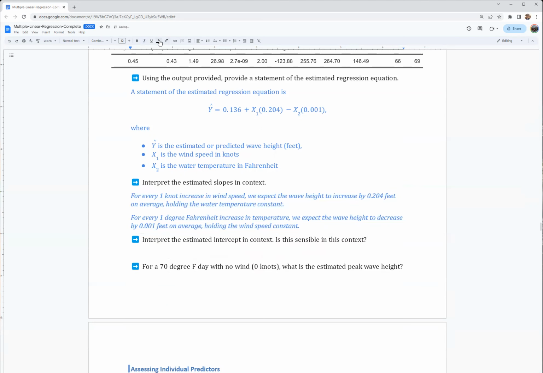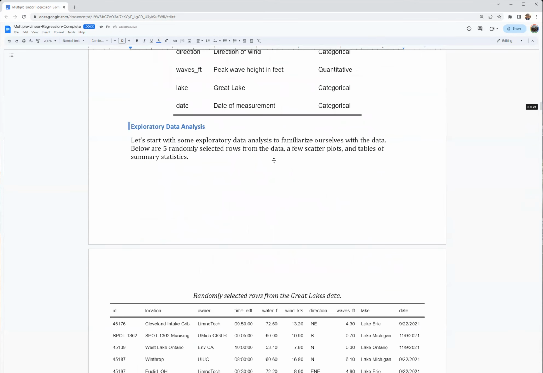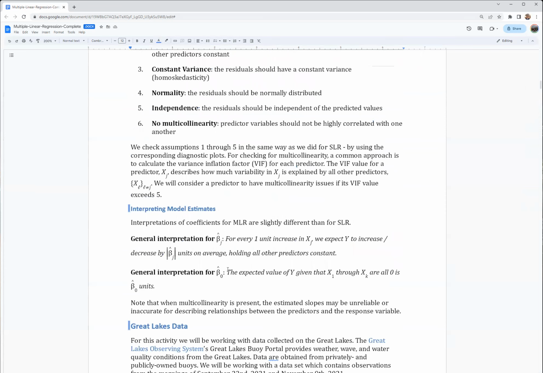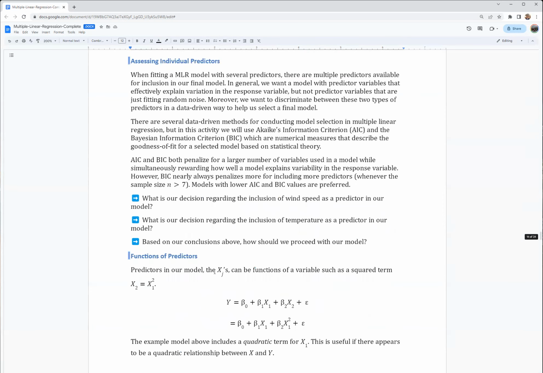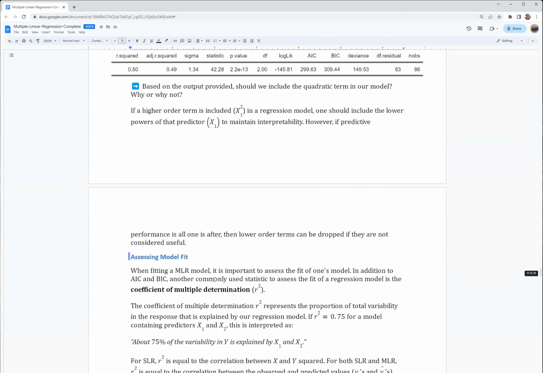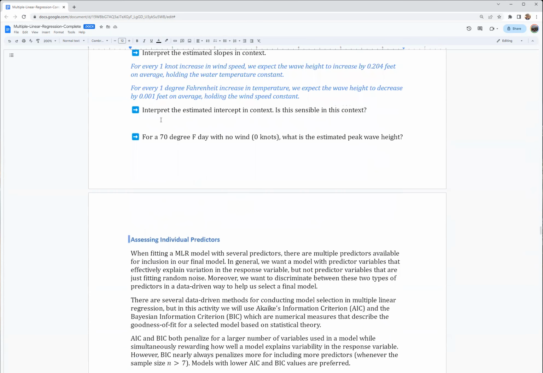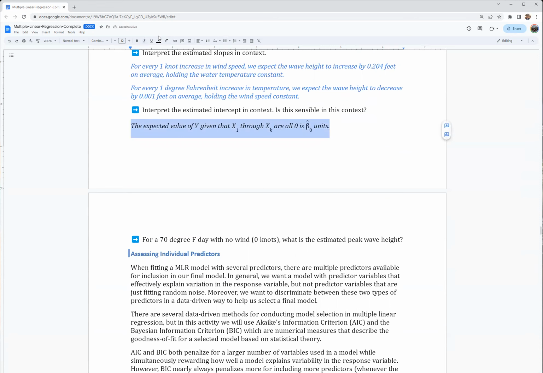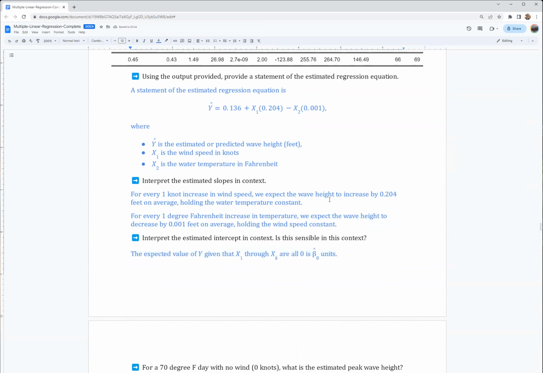Now let's interpret the intercept. Here, let's get the blueprint interpretation. So instead of y, we have wave height.